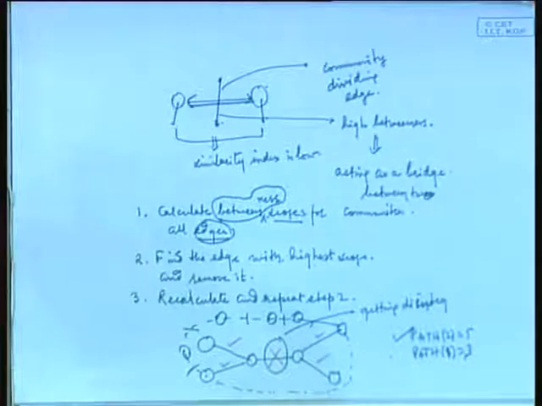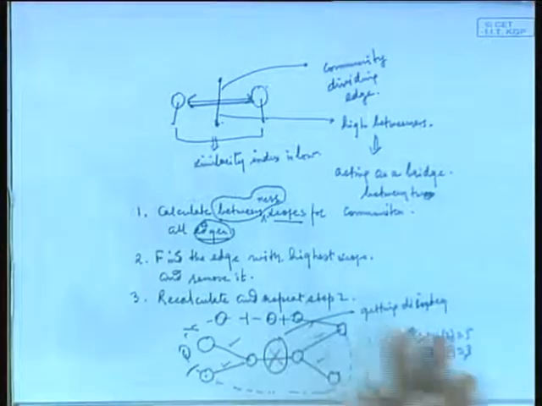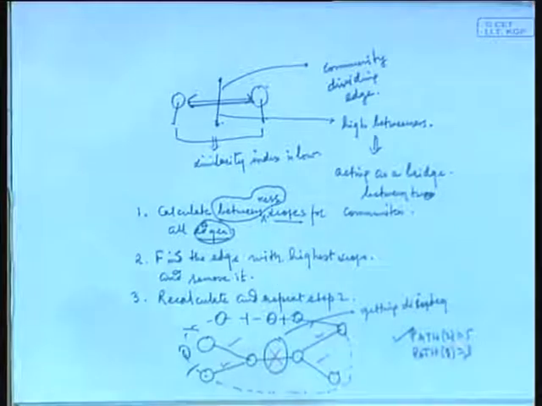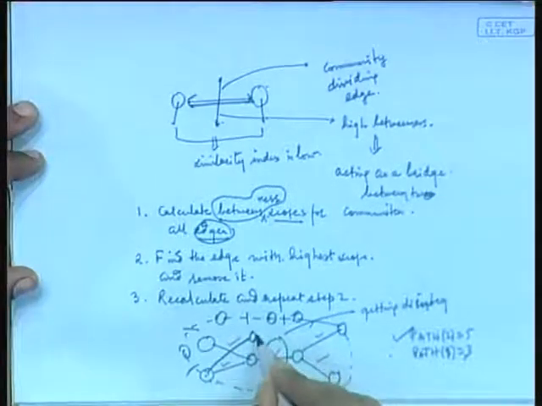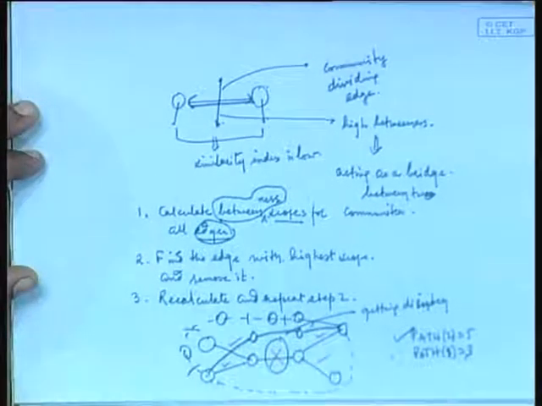So the length is increasing. I think it was covered in previous classes that when I remove an edge, there can be two effects: either the entire network gets disintegrated, or some shortest paths increase. They may also not increase, because there may be redundancy, another path of just length 3.